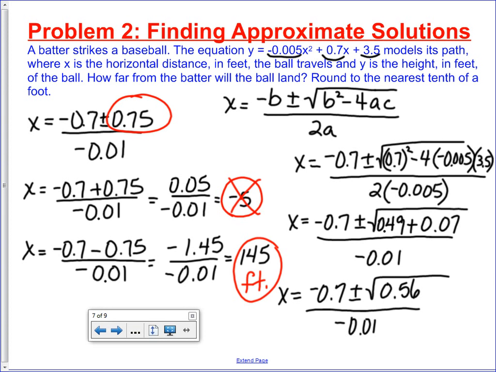If I carried that out another digit or two, then we could round to the nearest tenth. So be aware that at that point, we have a small round off error. And depending upon the nature of what you're trying to find and how exact you want to be, you may want to carry that number out a few more digits.